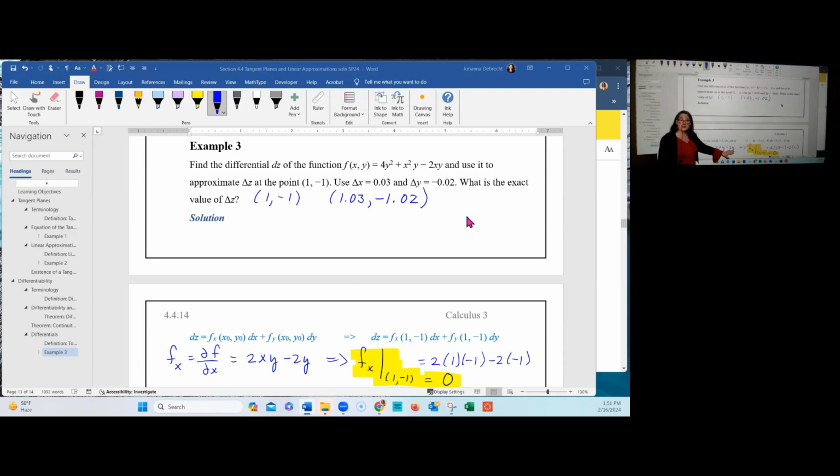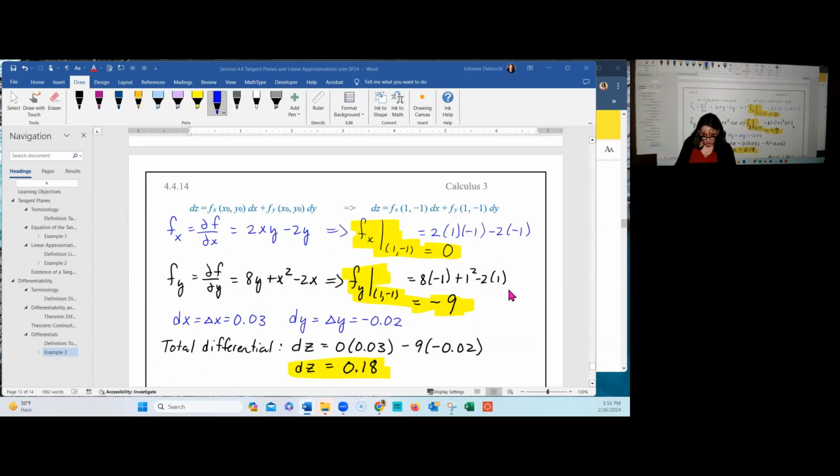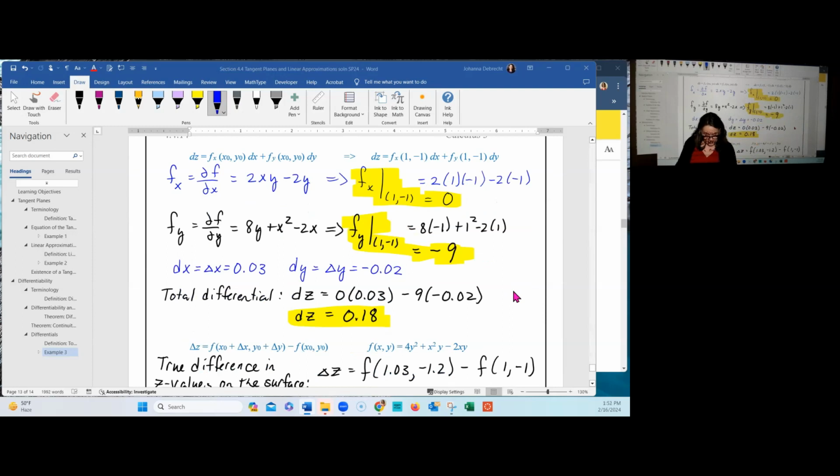When we substitute in the domain value, we end up with 0, which means that the slope of the tangent line of the trace at that point is 0, meaning it's not slanted. All right, let's look at the first partial with respect to y. That should give us 8y plus x squared minus 2x. When we evaluate that at our domain point, we get -9.